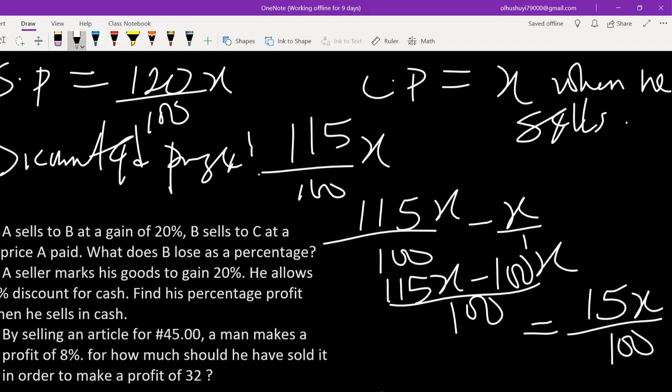It is as simple as 15%. So the selling cash price gives you 15 over 100, so that becomes 15%.